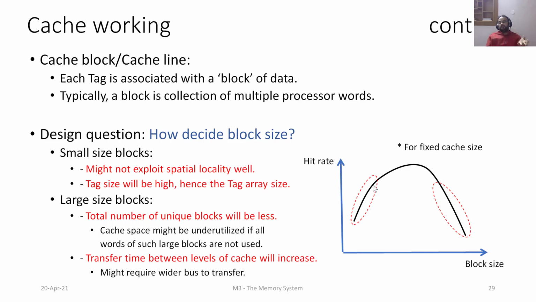But if you want it to happen within the same time, then we need to increase the bus width. Again, it has impact on area and power. So the cache block size is typically picked just before there is a dip in the hit rate.